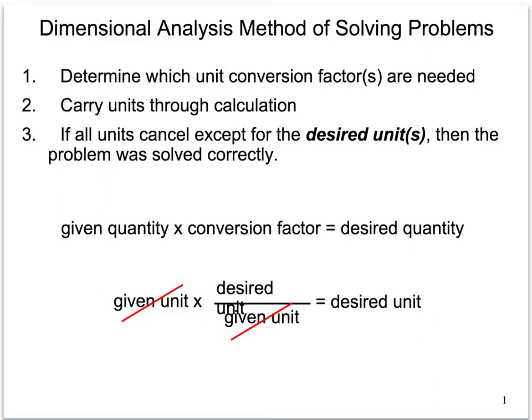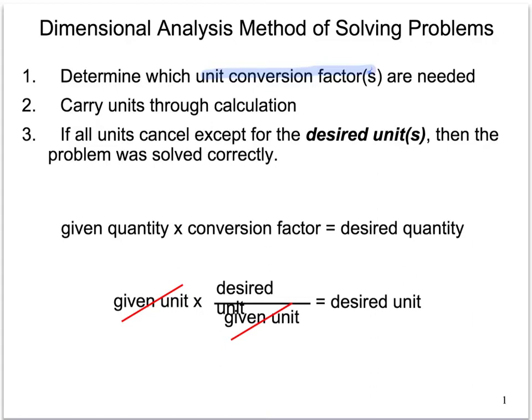So the first thing in a dimensional analysis problem is to determine what units you have. What are your given units? Then you need to figure out what unit you are looking for, your desired unit. And in order to get from your given unit to your desired unit, you need to look at the possible ways, or what tracks we can use, to get to that desired unit. These are called conversion factors.